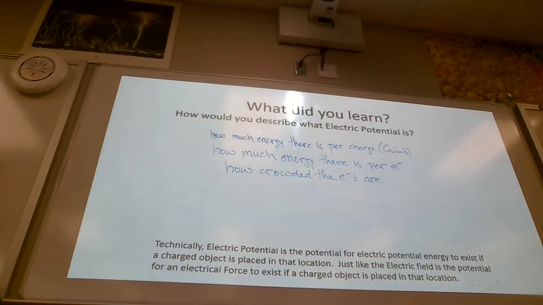Electric potential is the promise of electric potential energy. It has that same relationship. So that explanation would hold up in college. This explanation would not. But it helps us understand why things do the way they do. Good? Okay.